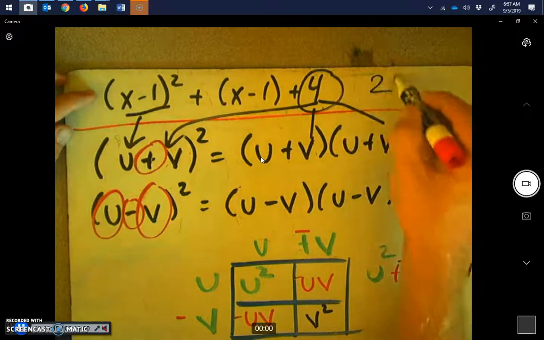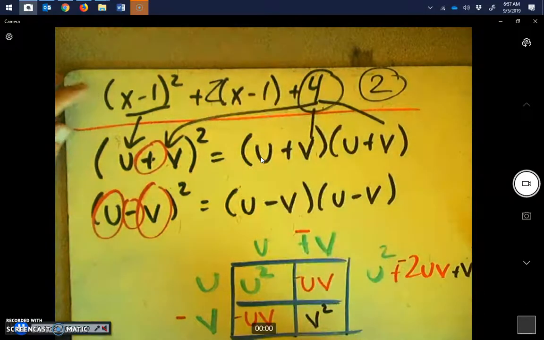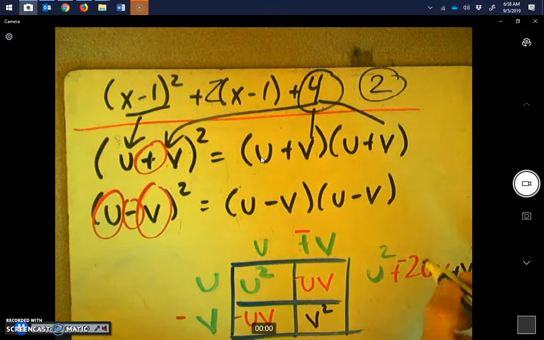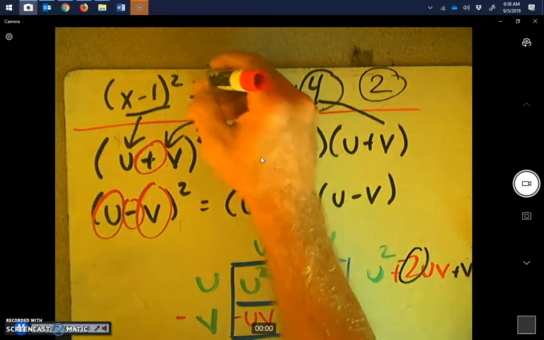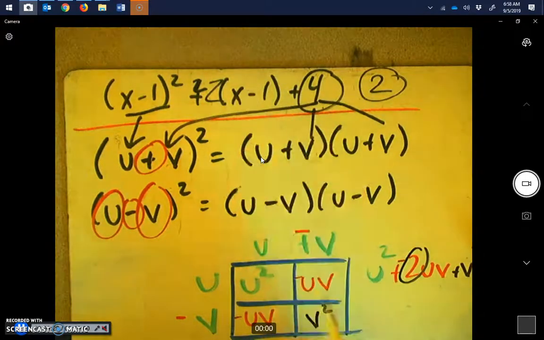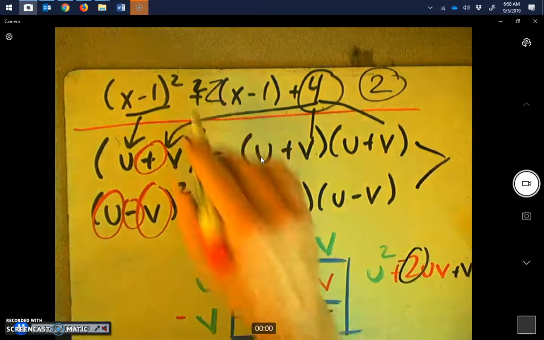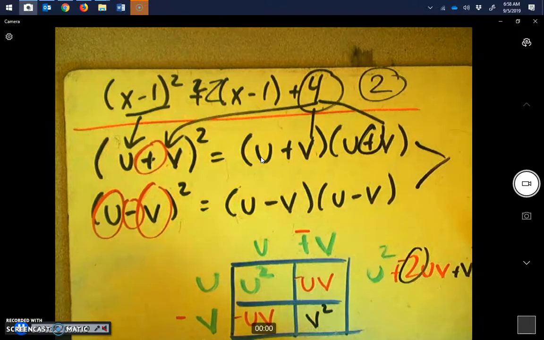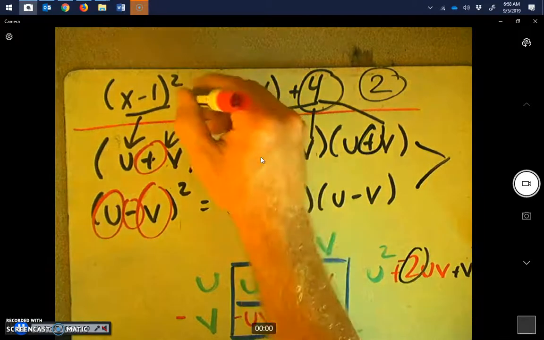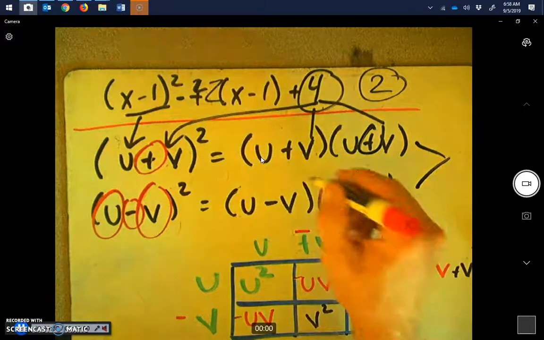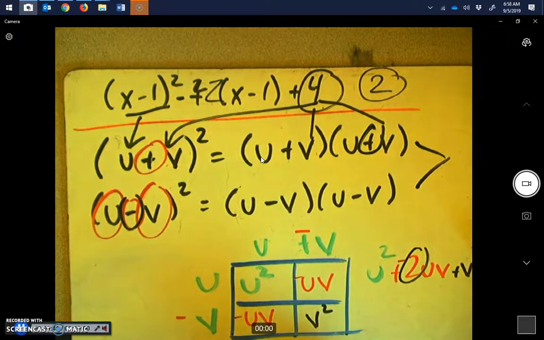Because this would be the square root of 4, which is 2. So we should have a 2 times x minus 1. And then we also need an additional 2 out here. So we should have a 4 sitting in front of this x minus 1 if we have one of the patterns in our A option. Since it's positive, it would be in the positive option. This could also be negative. It would just be the negative option, down here.